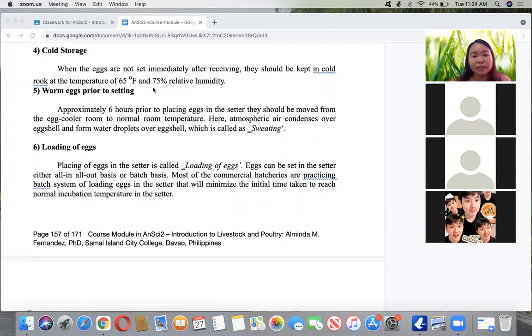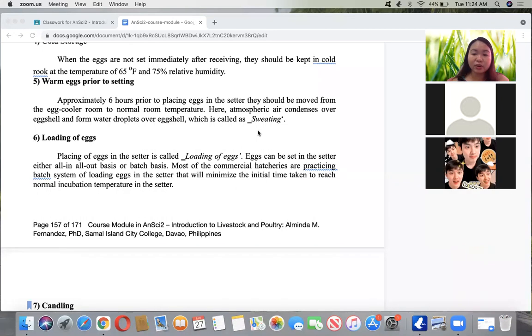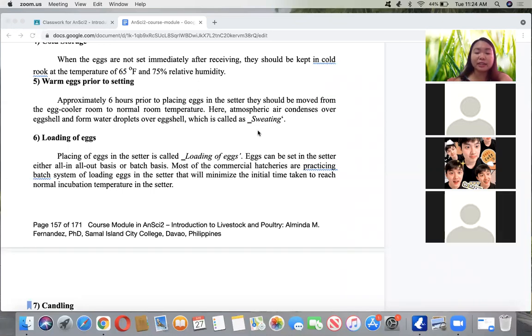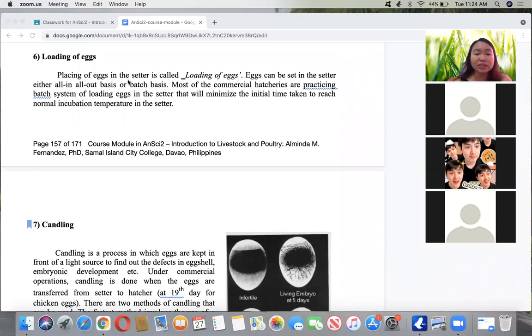So pag na-refrigerate mo siya, hindi naman agad na isi-set mo na siya agad, no? Kailangan pa siyang mag-warm up, no? And the atmospheric air condenses over eggshells to form water droplets over the shell. It's usually called sweating, no? Usually we observe this in all kinds of food, especially also sa egg. For example, galing sa ref, pag nilagay mo sa normal temperature sa bahay ninyo, nag-sweat siya. And then, reload mo na siya after.